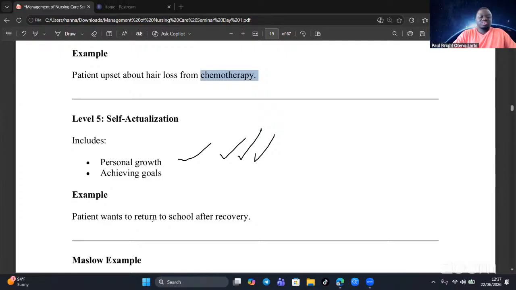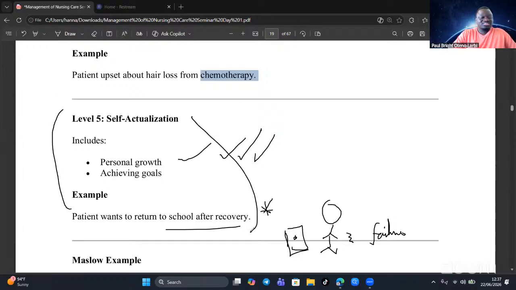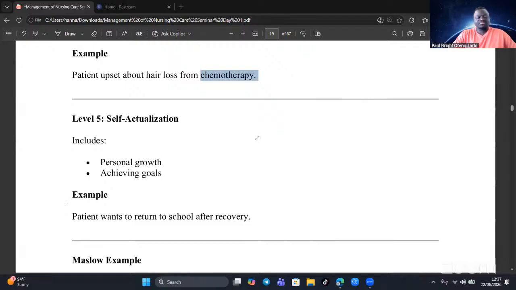Or this child wants to return to school, because the fact that he did not go to school and has been admitted means he is a failure. His classmates are learning, writing examinations, and only he is in hospital. This is a self-actualization problem. You can't give this patient attention over an asthmatic who has been brought to the ER with status asthmaticus. It won't work.